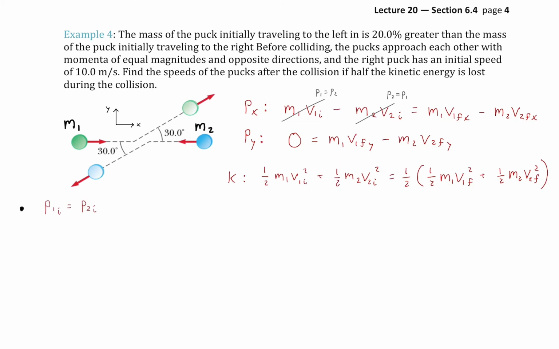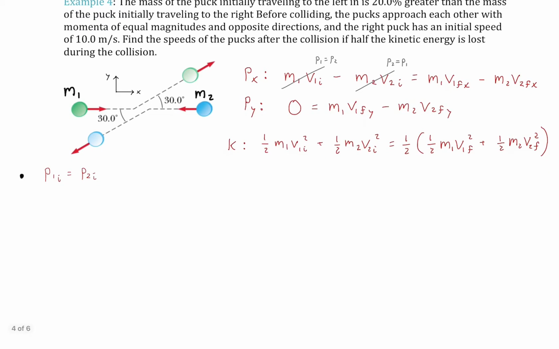So let's see what the process looks like. First of all, I'm going to set P1 initial equal to P2 initial, because I know that there's a relationship between their masses. I was told that the puck with P2 initial has a mass that is 1.2 times greater. So in other words, this right here is M2, and M2 is equal to 1.2 times M1. So I'm going to use that to cancel out M1 because we were never told what the mass was.